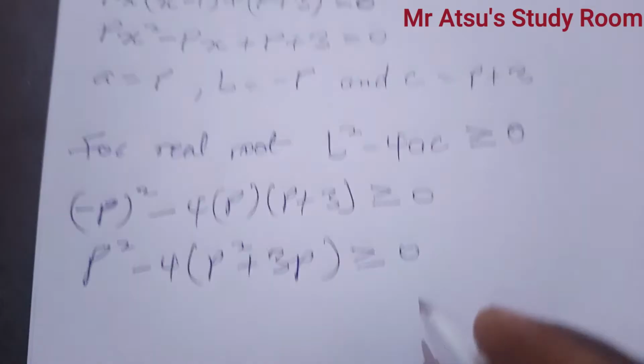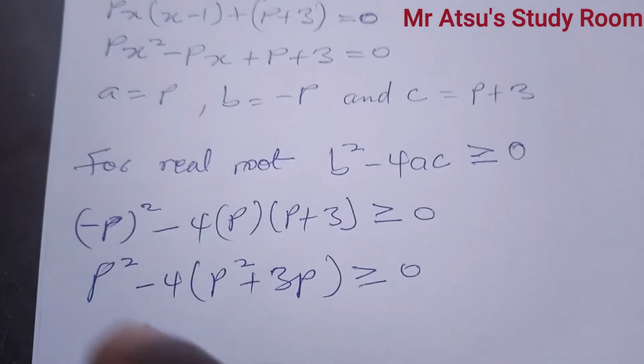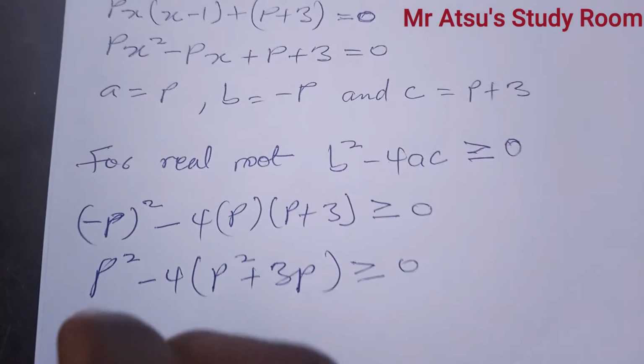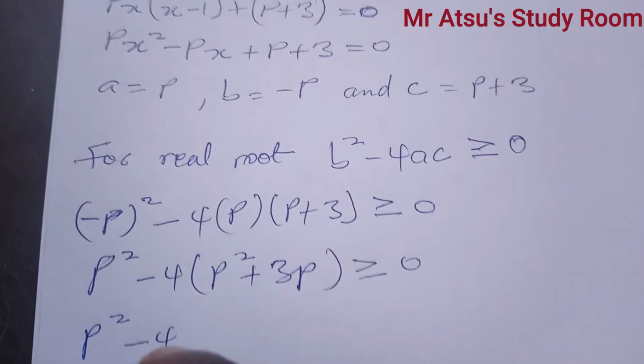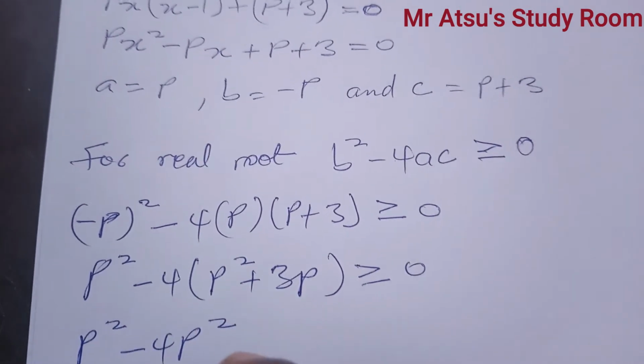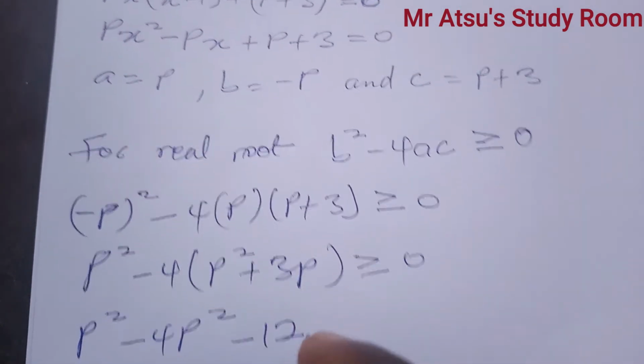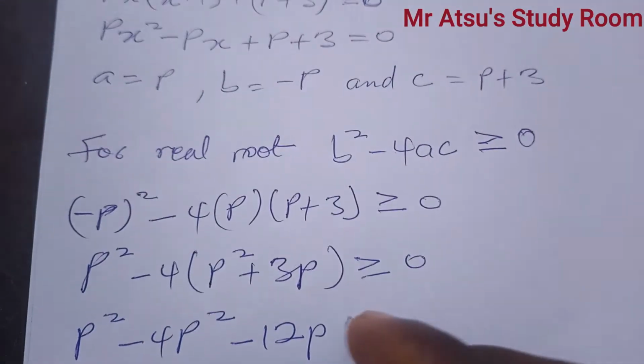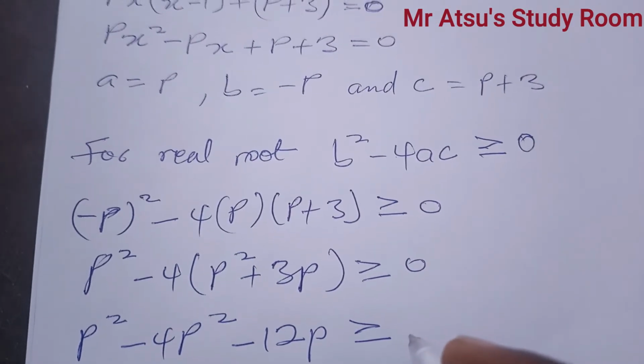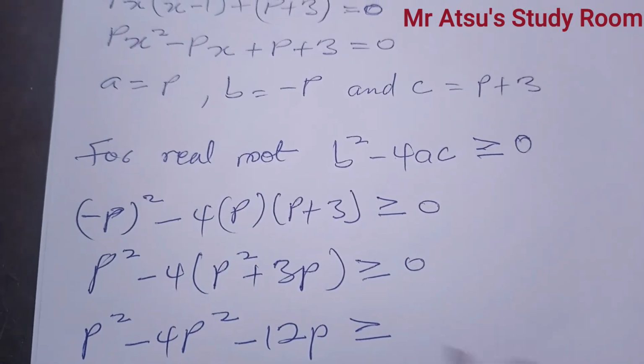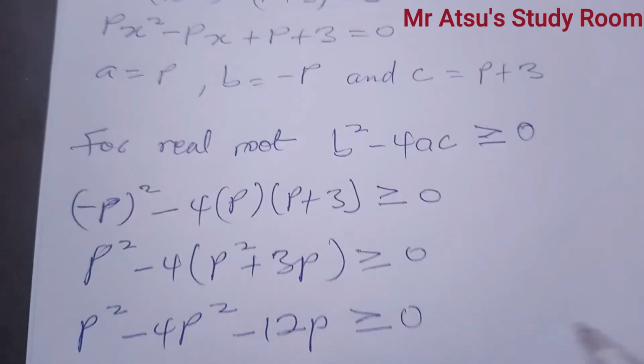When you go ahead and expand the second term, we get P squared minus 4P squared minus 12P greater or equal to 0.